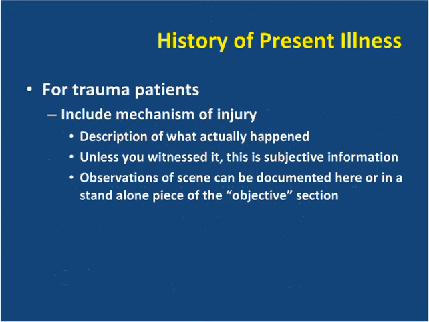That is not something you see with your own eyes, or objective information. Typically, as you're viewing the scene, you would document this information in the history of present illness. So if you see that the balcony that he fell from was a 2-story balcony, and you can visibly see that, you would document that typically under the history of present illness.